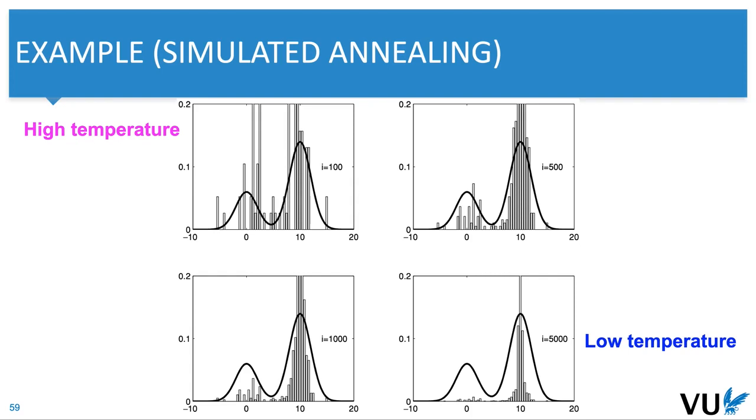Then when we go to the right top corner, we are getting a lower temperature, and so it has maybe better coverage, so that we also take into account the probability of these modes, right? Then bottom left, the temperature is getting lower, and then on the bottom right, we have very low temperature, so it gets peaky around one mode.